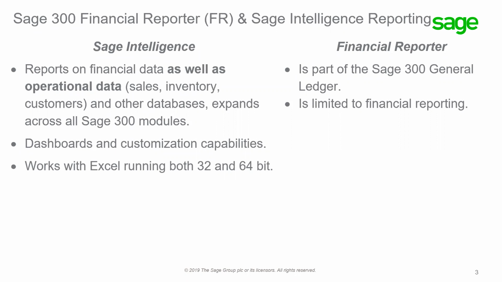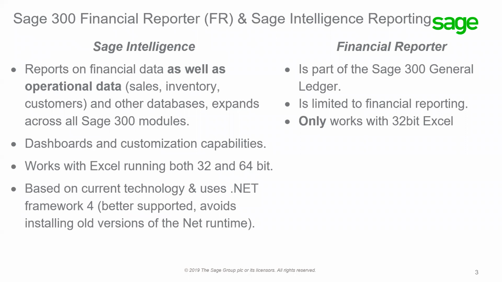Sage Intelligence works with both 32 and 64-bit versus what Financial Reporter works with. So if you are one of those customers running 64-bit machines, it's something to take into account. Talking a little more technically, this just means that Sage Intelligence is based on technology that's easier supported and updated as you update versions.